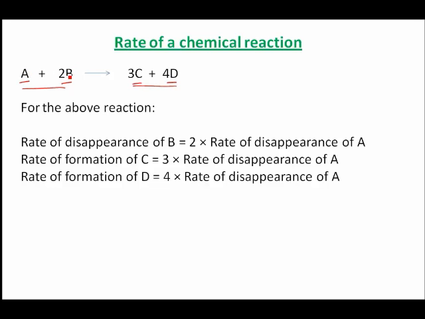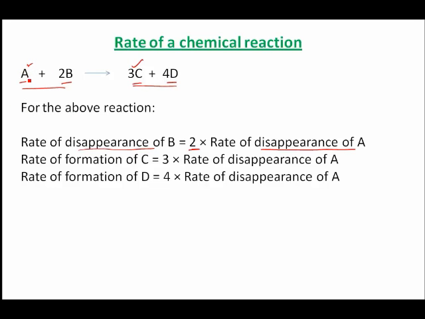The rate of disappearance of B is 2 times the rate of disappearance of A. Similarly, suppose you want to relate C with A.